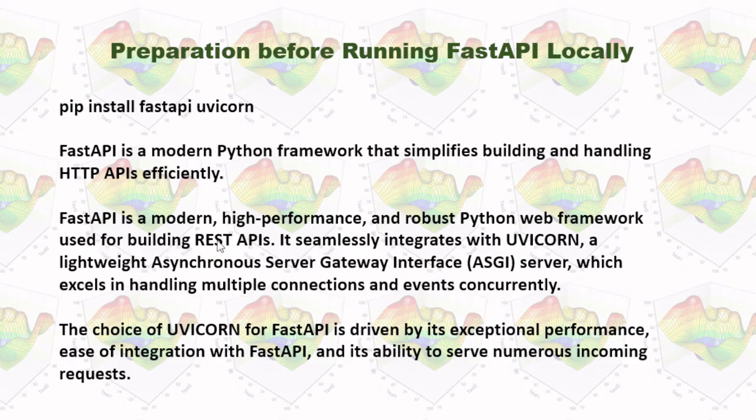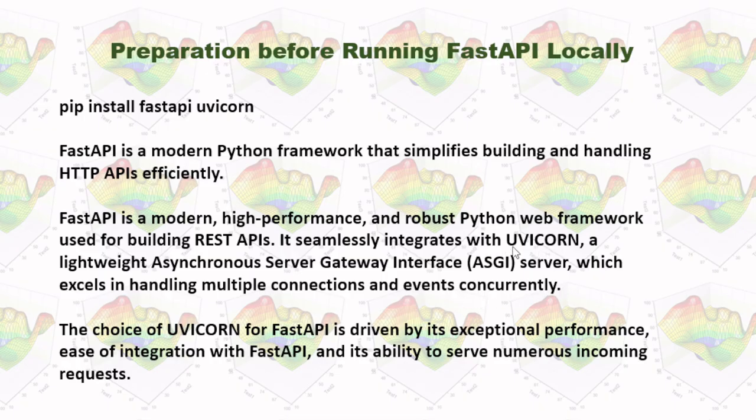FastAPI is a modern high-performance and robust Python web framework used for building REST APIs. It seamlessly integrates with UVCron, a lightweight asynchronous server gateway interface server, which excels in handling multiple connections and events concurrently.